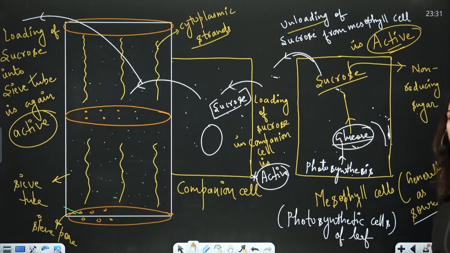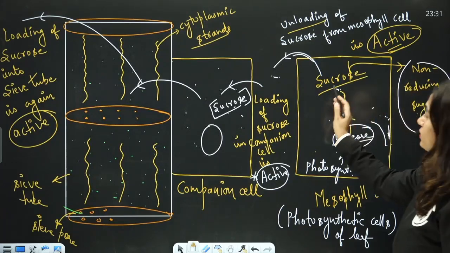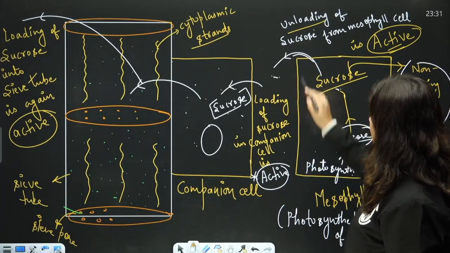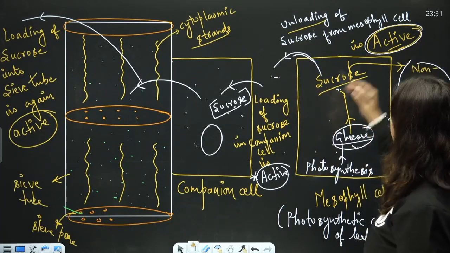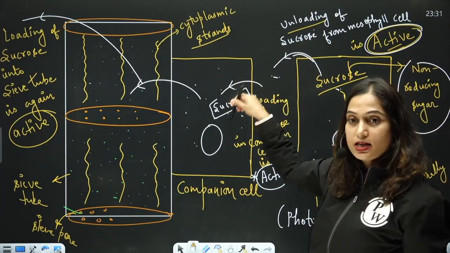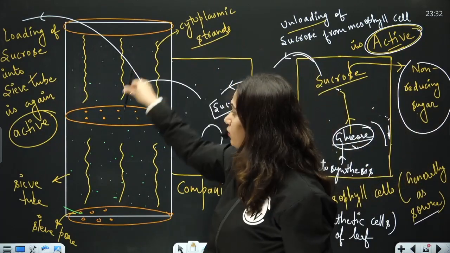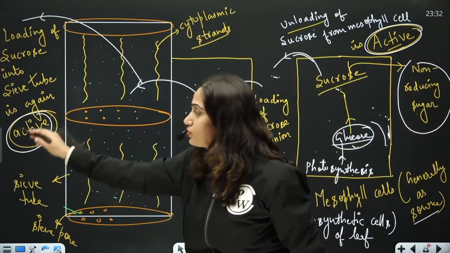So what has happened? Generally, the source is leaf. So here we are taking leaf as source, and inside leaf glucose has formed, right? Changed into sucrose, which is a non-reducing sugar. This sucrose came out of the mesophyll cell, active process, loaded into the companion cell, active process, then loaded into the sieve tube, again active process.